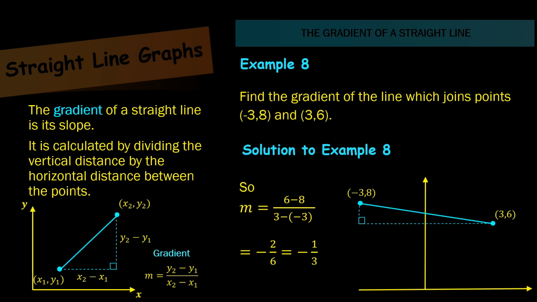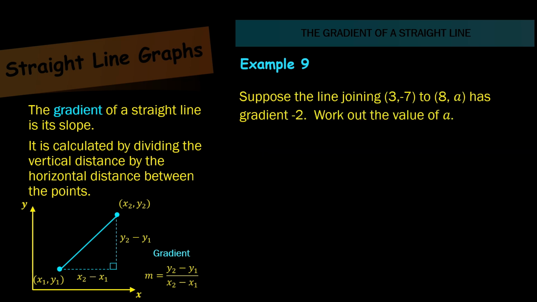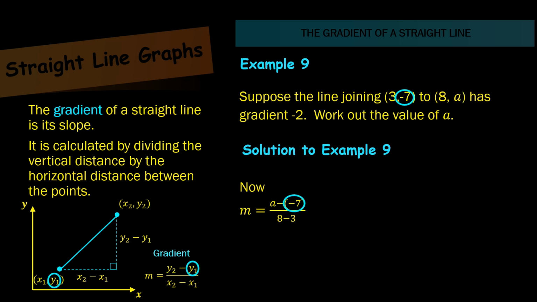Let's take a look at another example. Suppose the line joining (3, -7) to (8, a) has gradient minus 2. Work out the value of a. Now the gradient m equals y2 minus y1 over x2 minus x1 as shown.